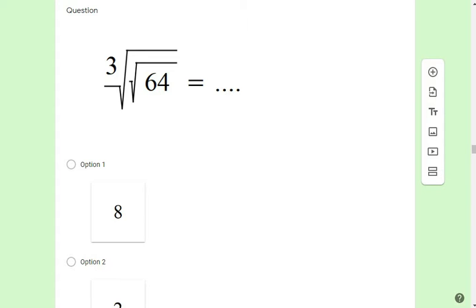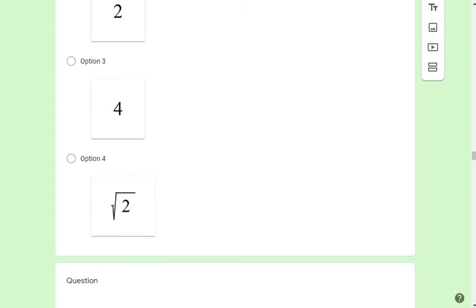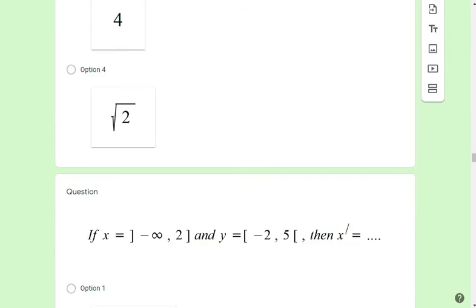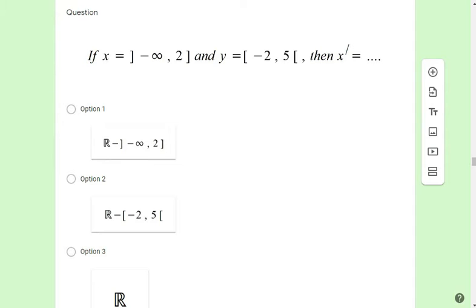Choose one of the following answers: 8, 2, 4, or square root 2. The next, if x equals semi-open interval negative infinity and 2 and y equals semi-closed interval negative 2 and 5, then complement of x equals what?